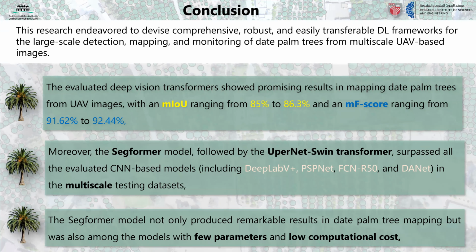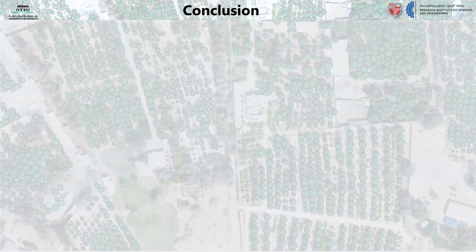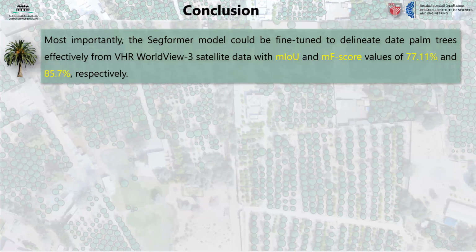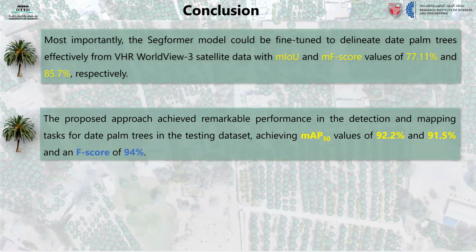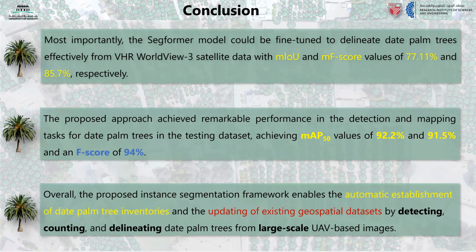And the SegFormer model not only produced efficient results, but also has a small number of parameters and low computational cost. In terms of the instance segmentation, the proposed model could delineate individual date palm trees with a mean intersection over union of 91% for the segmentation, and F-score of 94%.